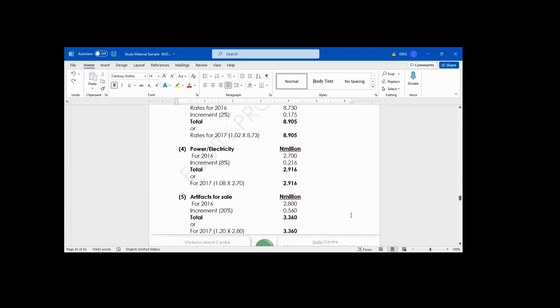So artifact for sales for 2016, 2.8. Increment 20%. 20% of 2.8 is 0.560. The total for 2017 is 3.36.